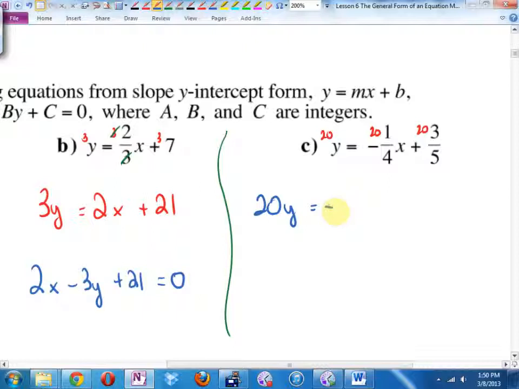Can you see, 20 times 1 divided by 4 with an x attached? Yes? Plus, and can you see it's going to be, now, you ready? You could go 20 times 3 and then divided by 5, but it's way easier to go 20 divided by 5 first. What's 20 divided by 5? 4. Times the 3 now with a smaller number, and you get 12 no matter what.